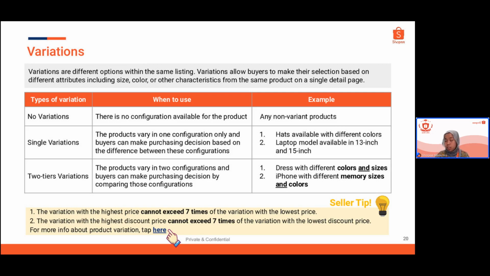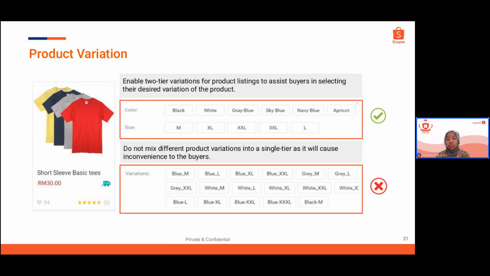Next is variation. If you noticed the live demo I shared, variations are suitable to differentiate the choices you have as a seller for the buyers. At the moment we only have a two-tier variation.